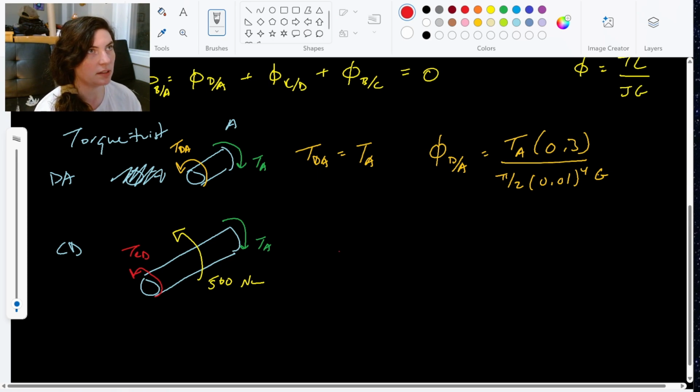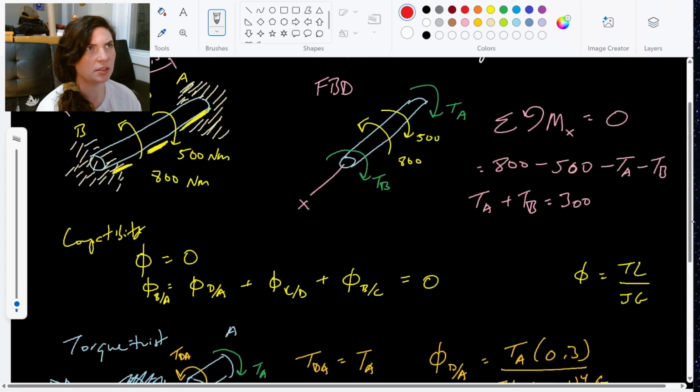So I can do my little summation here, right? If I do an equilibrium for just this section, I get that the torque in CD is going to be TA plus 500. TA. Oh, did I draw the 500 the wrong way?